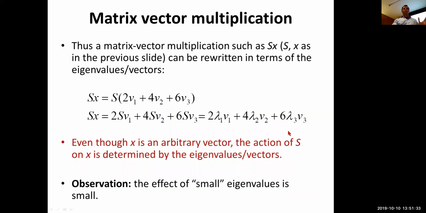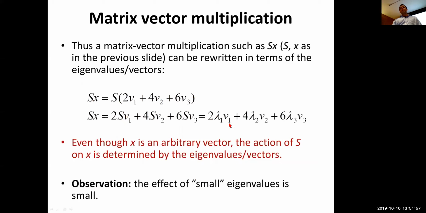Sounds good? All right, so matrix vector multiplication, such as Sx, can be written in terms of the eigenvalues and eigenvectors, which is basically expanded out here. And the cool thing with thinking of this operation as applied to the eigenvectors is that instead of having to do matrix multiplication, I just do scalar multiplication.